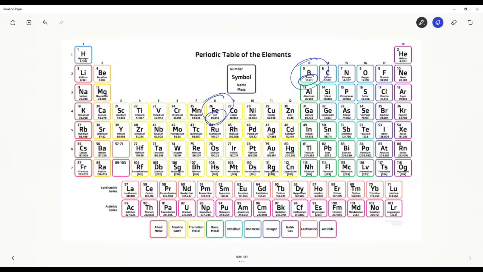But notice the iron atoms are more massive, therefore they weigh more. So all of the masses on the periodic table are the masses for weighing out 1 mole of any element. So again, remember, the number is the same. It's Avogadro's number. But as the atoms get bigger, their molar masses also get bigger.